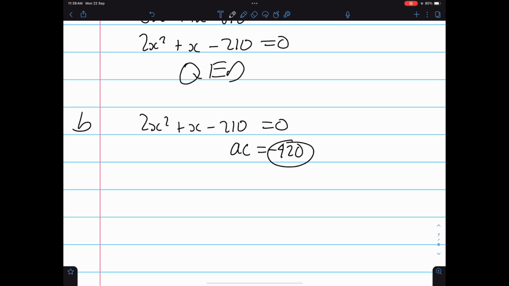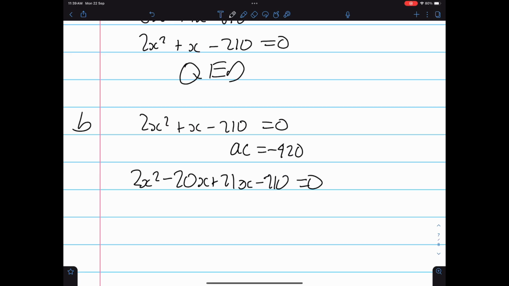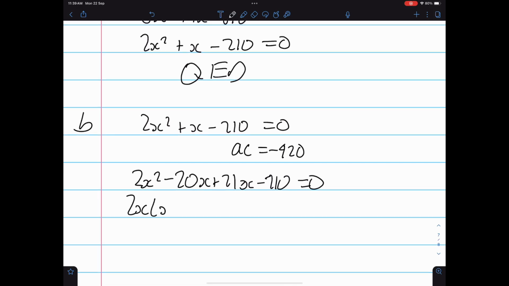And I think this 400 is 20 squared, so it's going to look quite close to 20. And I can instantly say that if 400 is 20 times 20, then 420 will be 20 times 21. So I'll just chuck that in. And remember, we got a minus and we want positive x, so we have to do a positive 21, but then a negative 20. And then we factor this out. Then we get this.